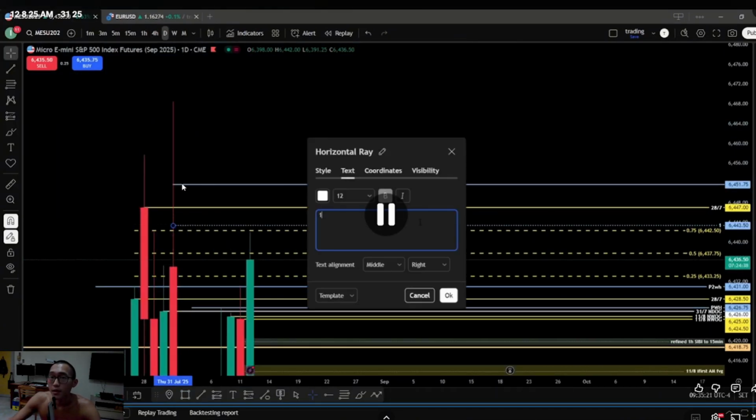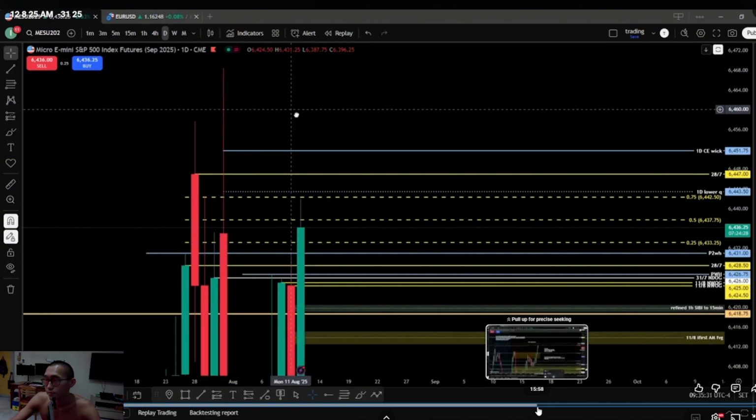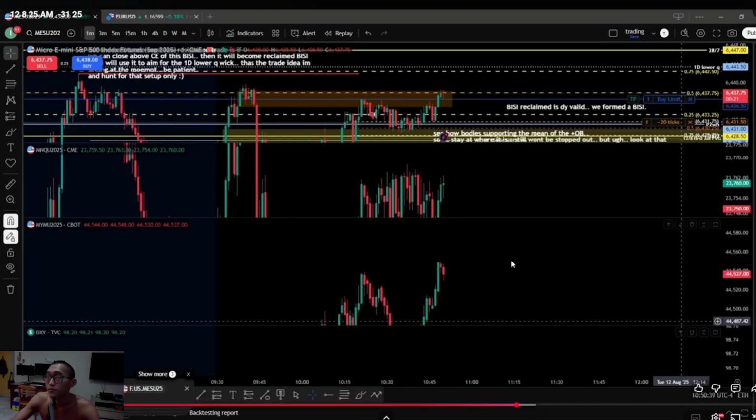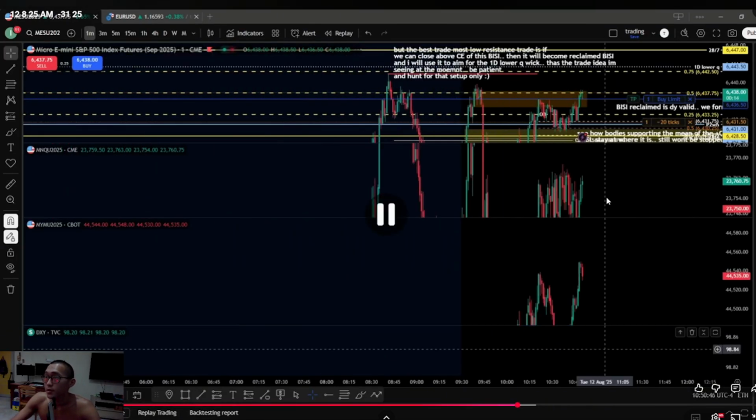Okay, this right here is what I'm talking about. This daily CE week is 6451.75, and 6443.5 is the daily upper quadrant. Okay, so let's go back, 15:20.